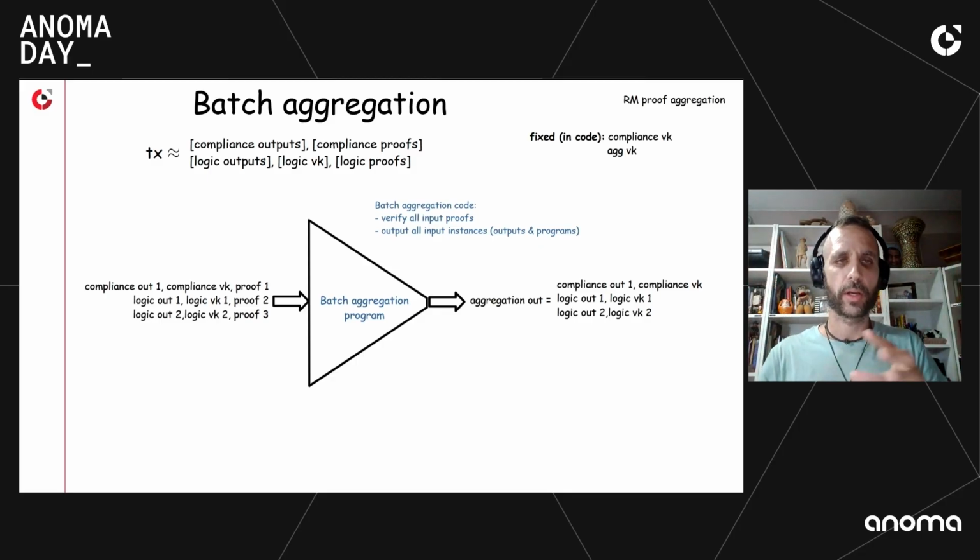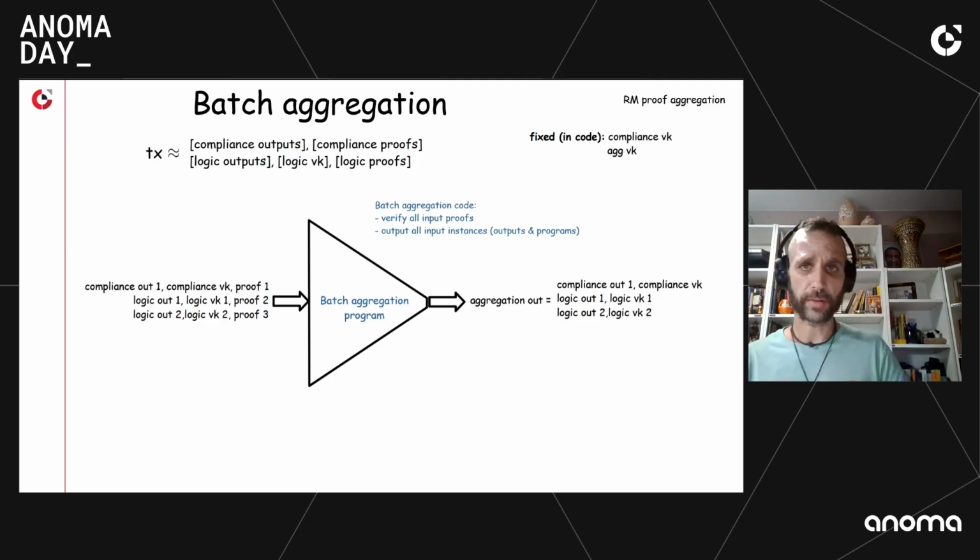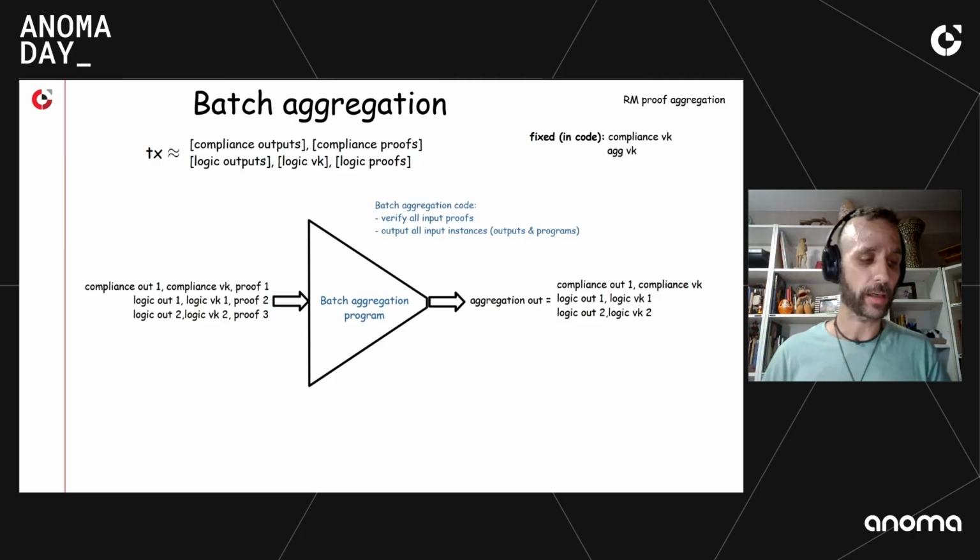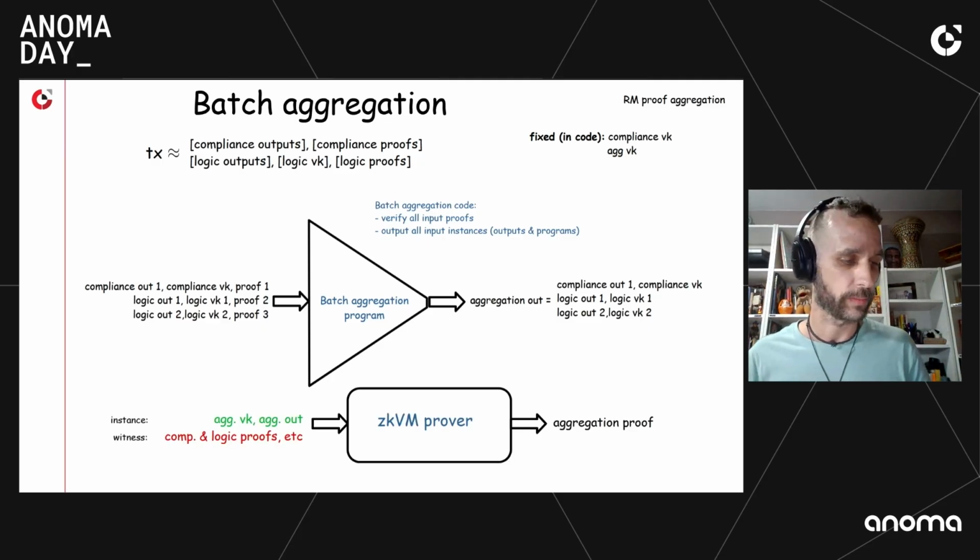But in the CKVMs, we just see them as the program description, and it's actually the computational trace that is generated during the run. The program itself is just the set of opcodes that describe this aggregation, and this aggregation can loop over different numbers of inputs. So the aggregation key is fixed, and we can just hard code it.